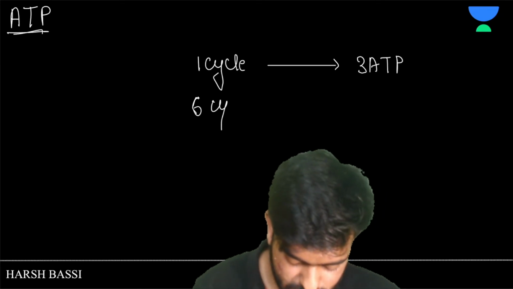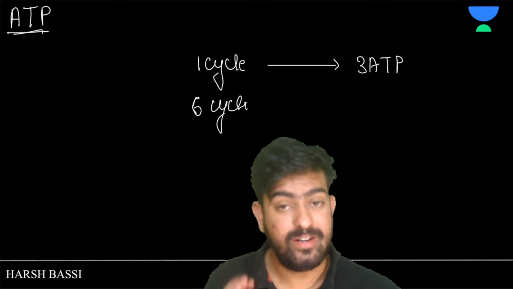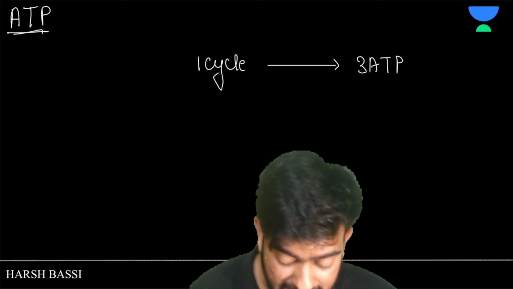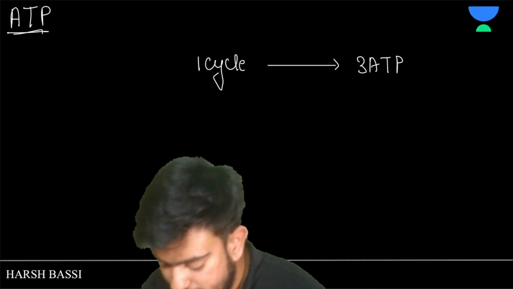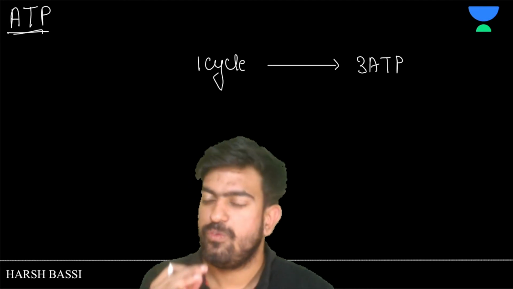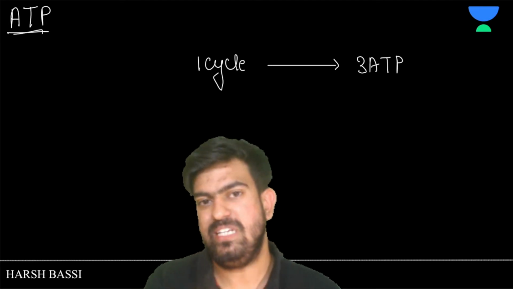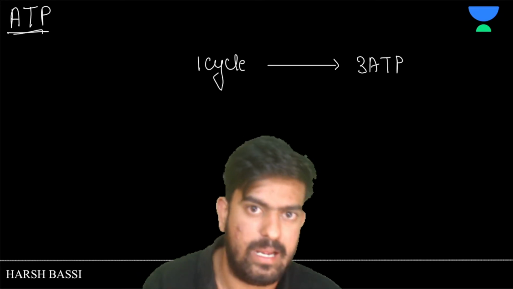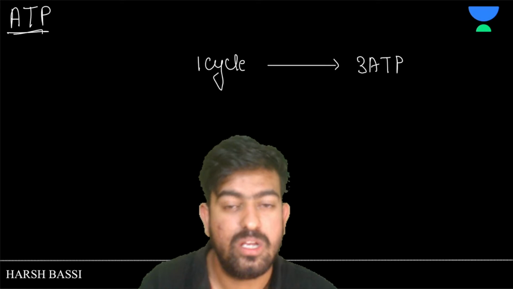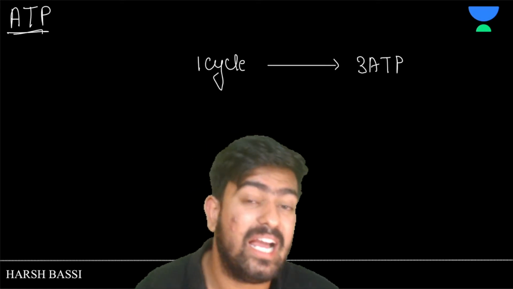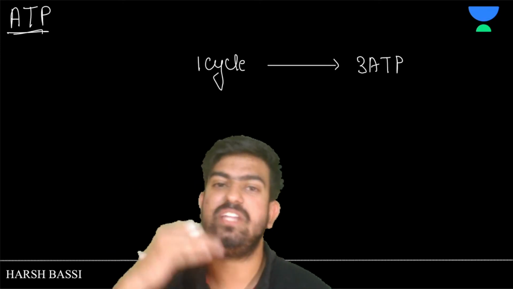Yes or no? See, the ones who are regular to this class, I bet you that at the end, when we will be completing our biology syllabus, you will be at that level that you can easily score 360 out of 360. See, I don't have any role in your marks. I can just teach, and if you are revising again and again, you will reach that 360 marks.